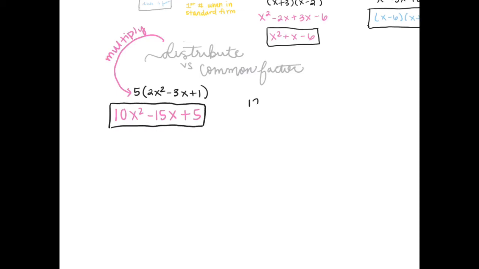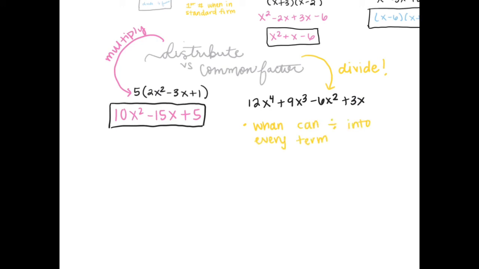Where the common factor, that one's going to take a little bit more. The way that I like to describe this to students is you're going to ask yourself 2 questions. Okay? The first question is, what number will divide evenly into every single term? So what number can divide into 12, 9, 6, and 3? In this particular case, 3. Then I'm going to ask, how many x's does each term have in common?